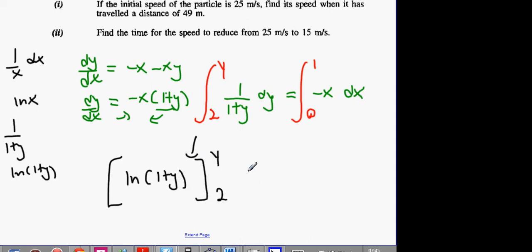Then we're going to integrate minus x, which is going to be minus a half x squared, because you have to add on a power. So you add 1 onto the power, and then you divide by that number you just turned it into. So minus a half x squared. That's from 1 to 0.